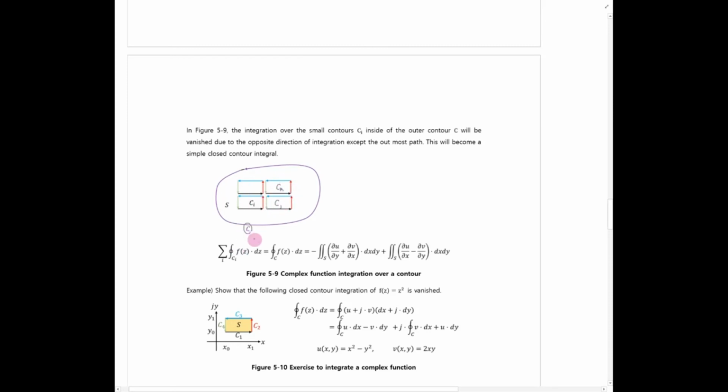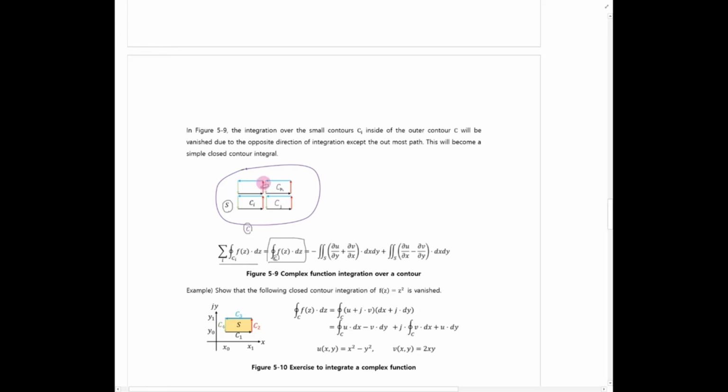Then what is the closed contour integration of the complex function? At this moment, the closed contour is any shape like this one. This one is a closed one. By this closed contour, the area is created inside of this contour. Okay, so this contour integration can be expressed by the sum of its small segments. Each segment has integration in all these directions, but you know what?